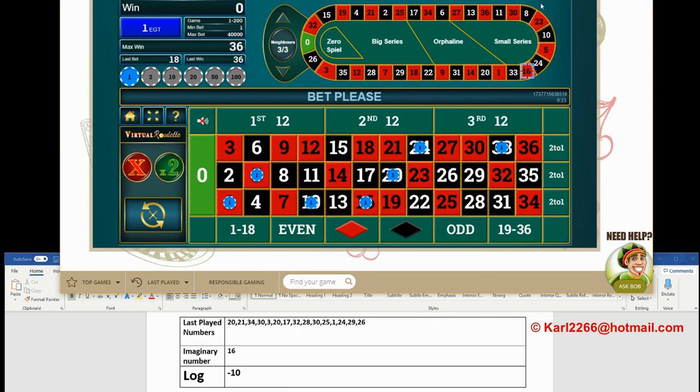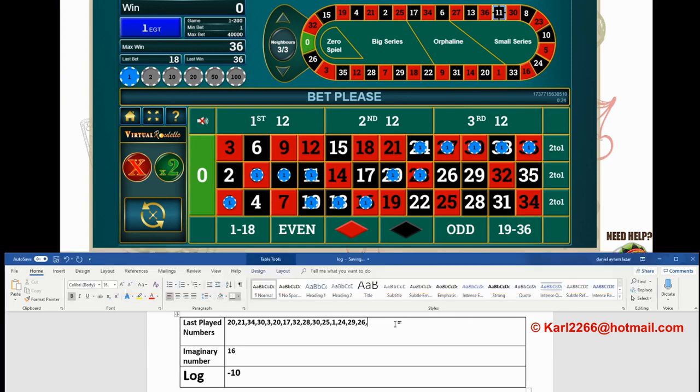But when we place bets on 11, we already cover 3 neighbors from 11 left and right, and also 23. So we cover everything. So we place just one time on 16 and one time on 11. So we placed bets on 14 numbers. Okay? And after 26 we got a new winning number, which is number 17.